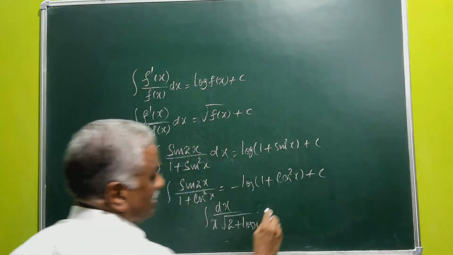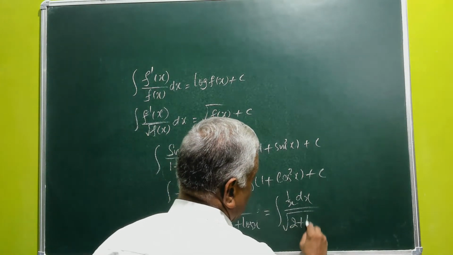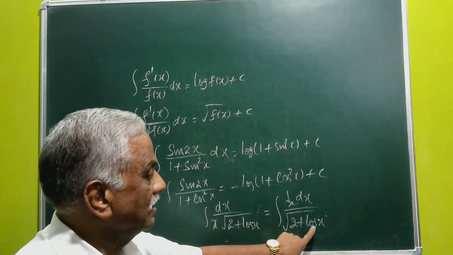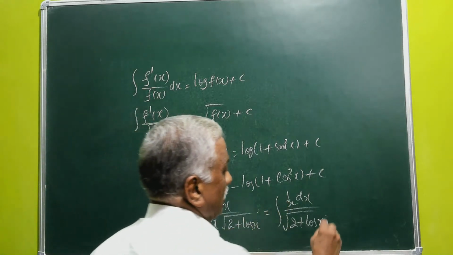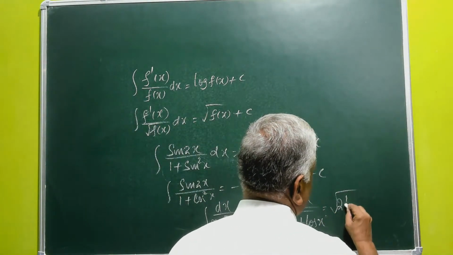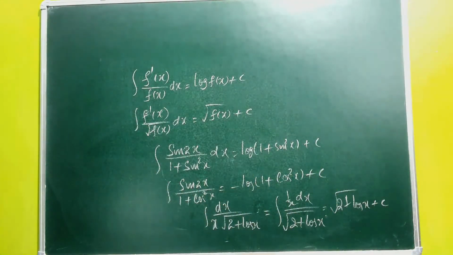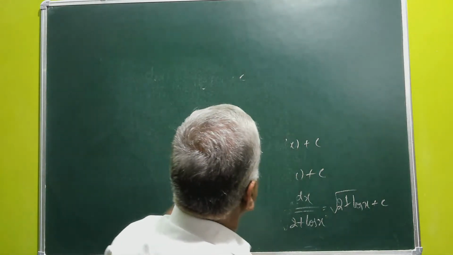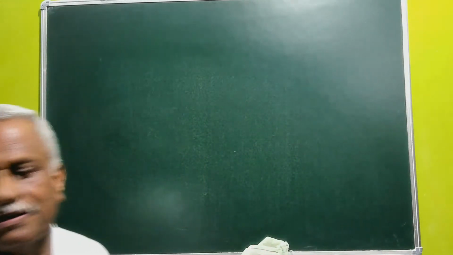So you can write this as 1 by x dx over root of 2 plus log x. If you take this as f of x, this is f dash of x. So what is your answer? Root of 2 plus log x plus c. Directly you can write the answer. So these two formulas will help you a long way in saving time, provided you are able to recognize the given problem. Okay. Let's continue.